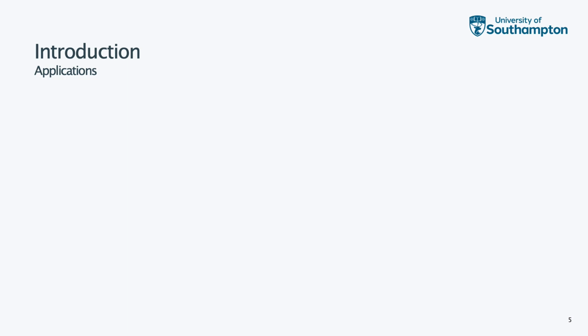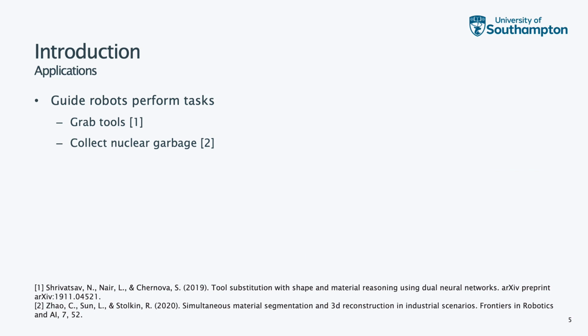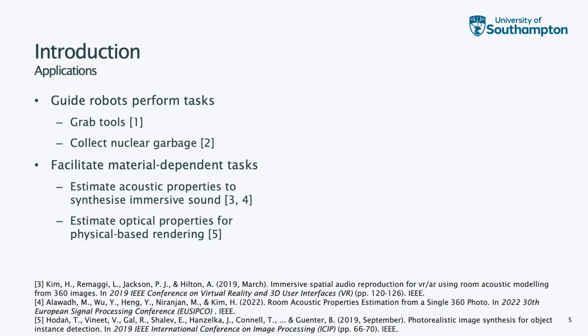Now, for applications, the predicted materials can be used to guide robots to perform certain tasks, like grabbing tools and collecting nuclear garbage. The segmented image can also facilitate material-dependent tasks. For example, estimating acoustic properties to synthesize immersive sound, or estimating optical properties for physical-based rendering.